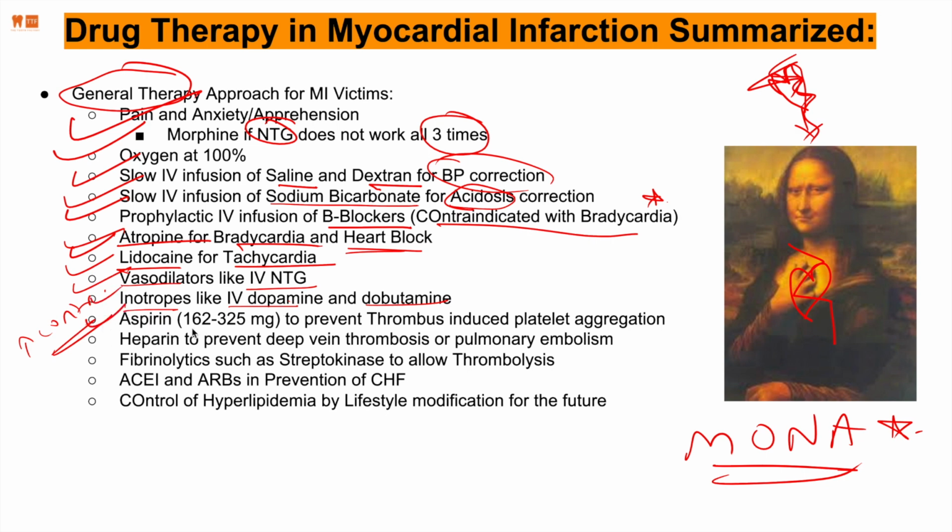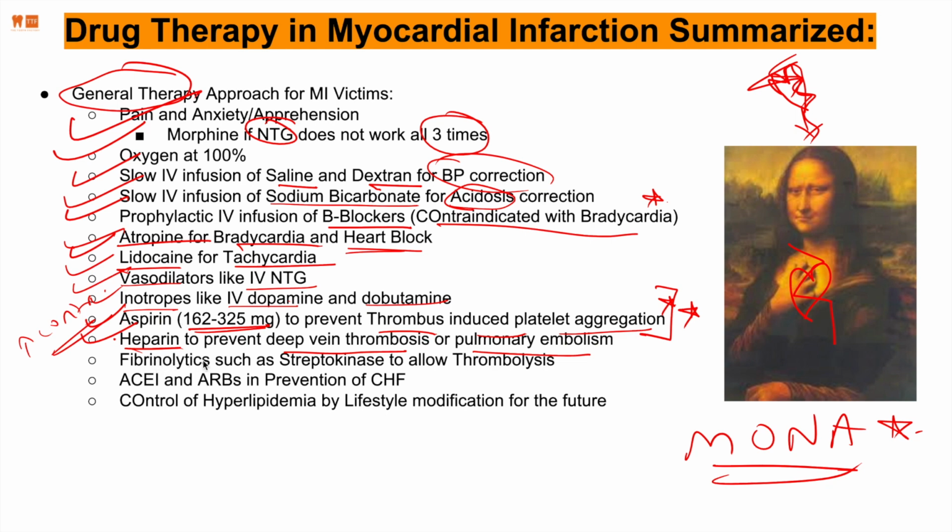Aspirin can be given, we know our doses by now, to prevent the thrombus-induced platelet aggregation. Heparin can be given to prevent deep vein thrombosis and pulmonary embolism. This is basically an anticoagulant. So along with antiplatelet, anticoagulant can also be given. And again, this is in our next lecture. This is going to be a full 1-hour lecture, so stay tuned for that.